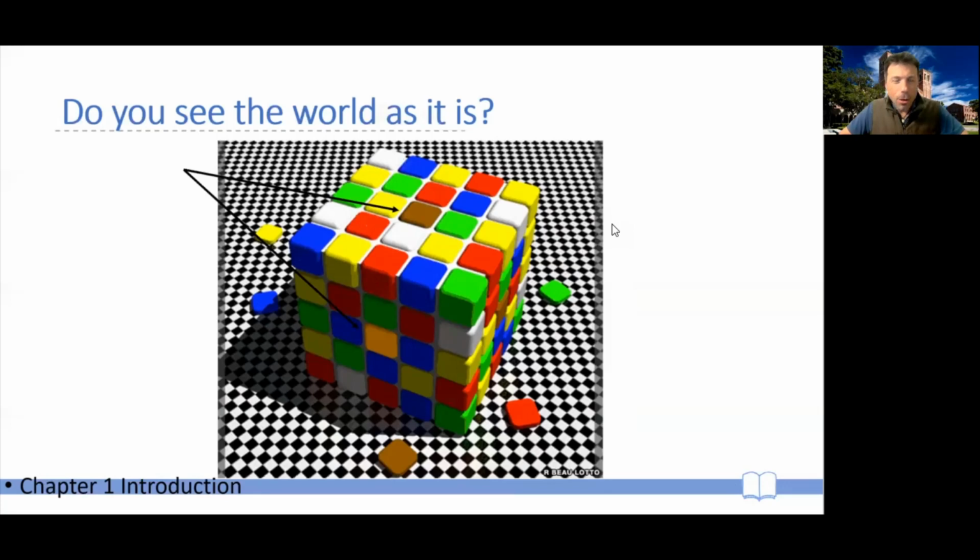See, what's happening here is something very interesting. We refer to this as color constancy. The idea is that your brain uses information from the context to infer what the real colors are. Because of the pattern of shading, your brain sees these colors as being exposed in the light.